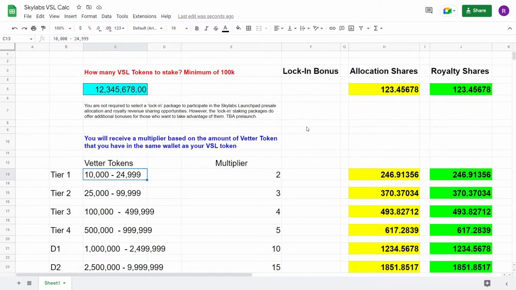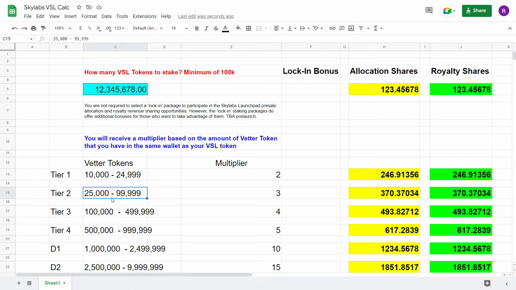So if you just staked, you got 123.45678 allocation shares, but if you hold 10,000 VAHL, you get double. You get 246. So double the amount of shares simply by holding VAHL token.